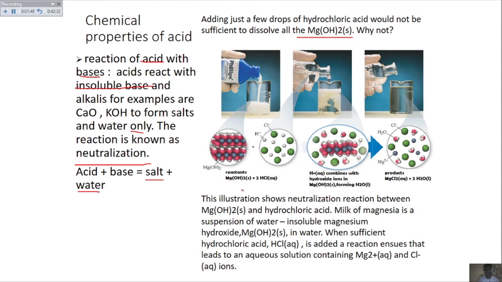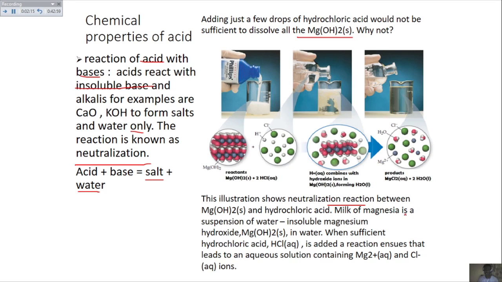We have magnesium hydroxide with HCl. It's forming what we call magnesium chloride, salt, and H2O. This illustration shows the neutralization reaction. You've already neutralized all the base between the magnesium hydroxide and the hydrochloric acid.